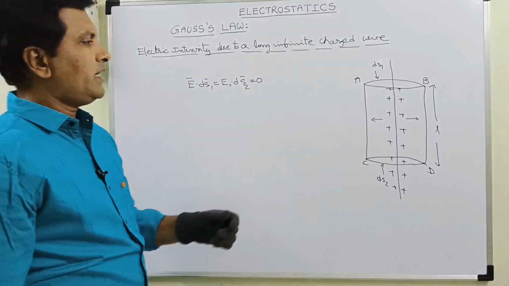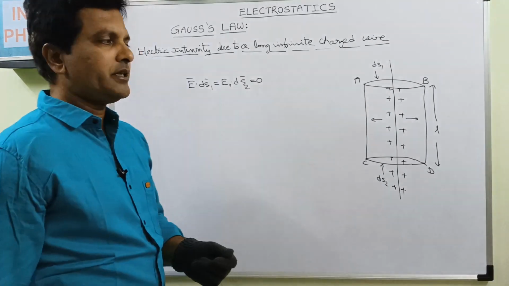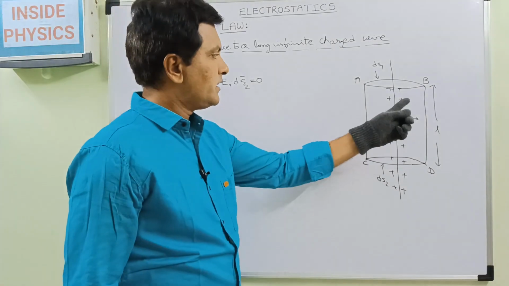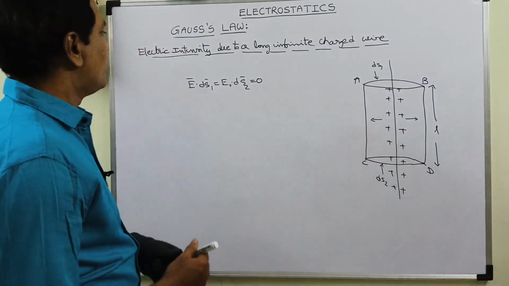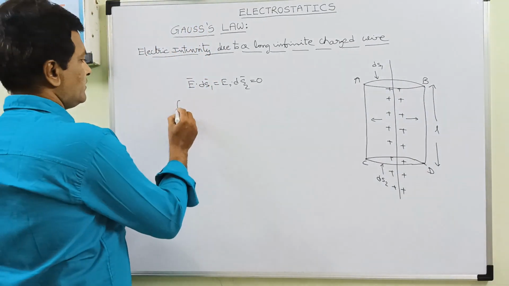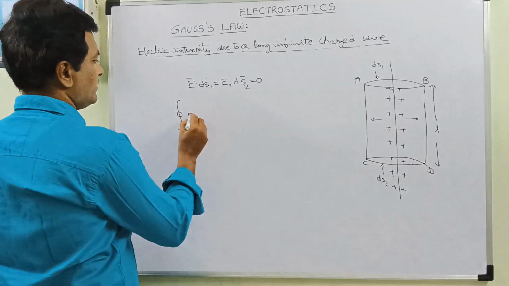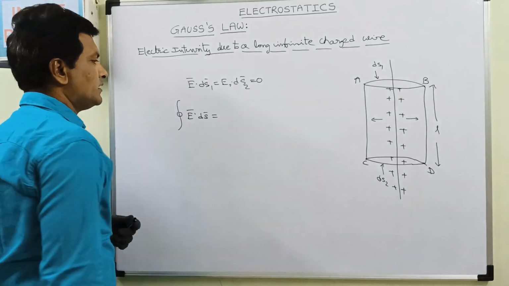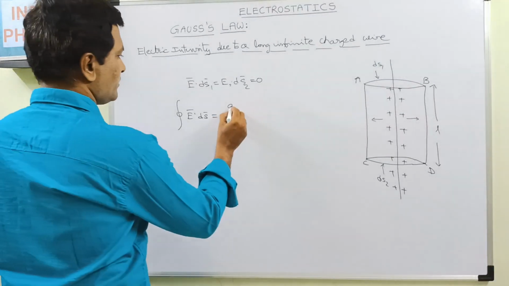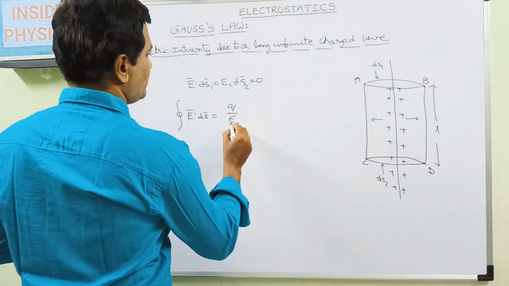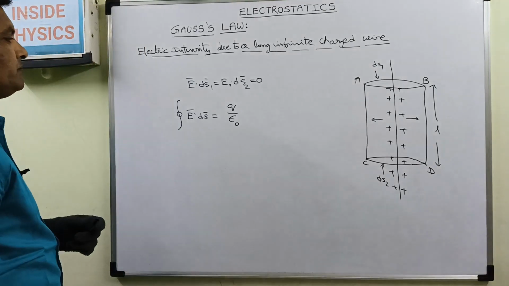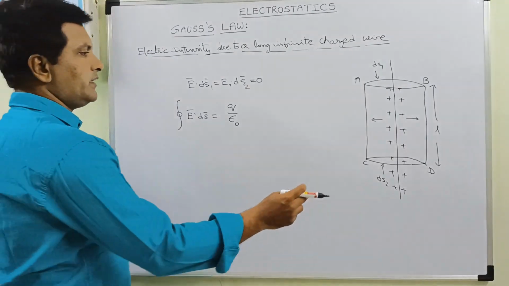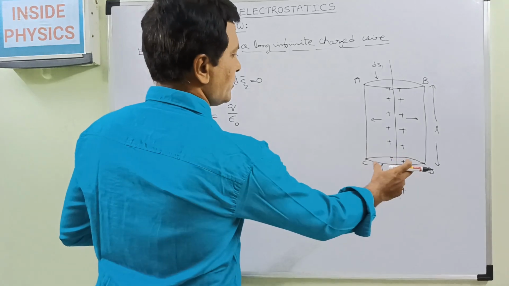Now we calculate the total flux coming out of this entire cylinder with Gauss theorem. We take the closed integral of E bar dot ds bar is equal to Q by epsilon naught.